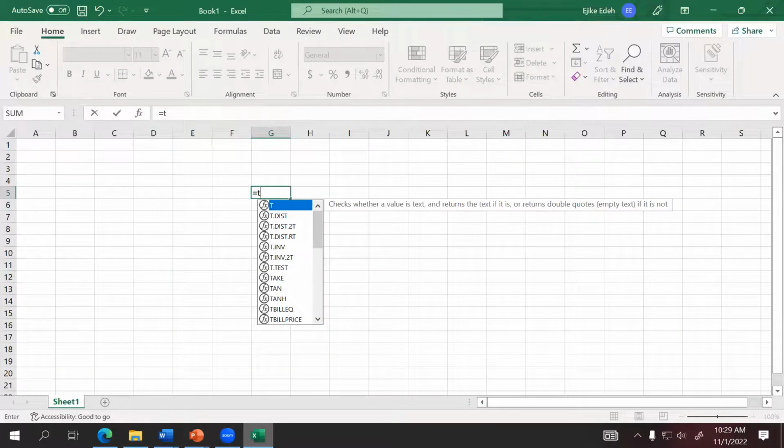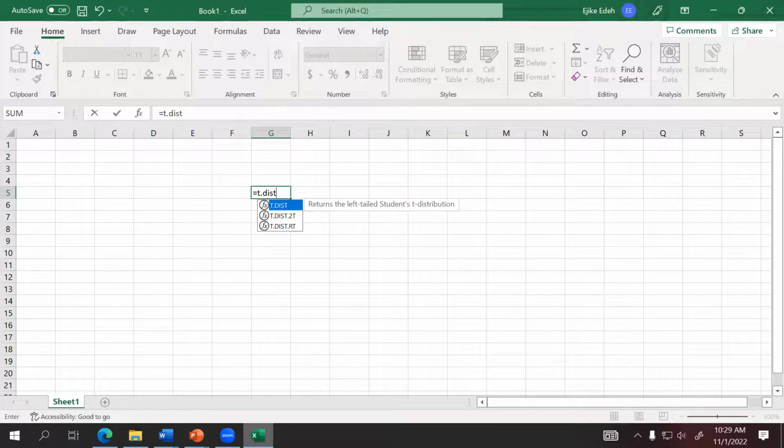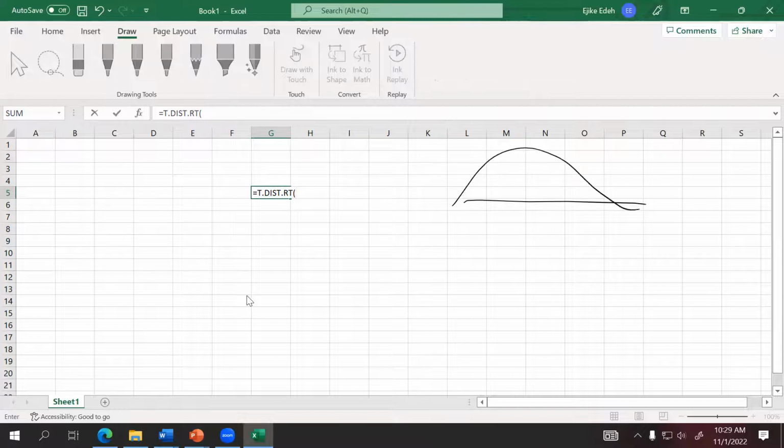So you have your T dot distribution. We use right tail. If you're focusing on using right tail, as I explained in the last slide, it's technically the same thing as if you have a left tail.